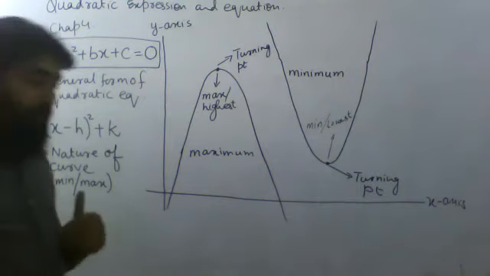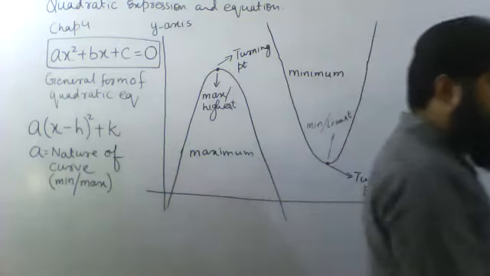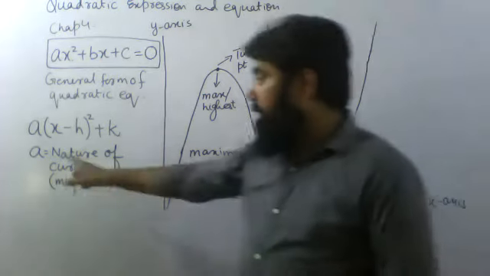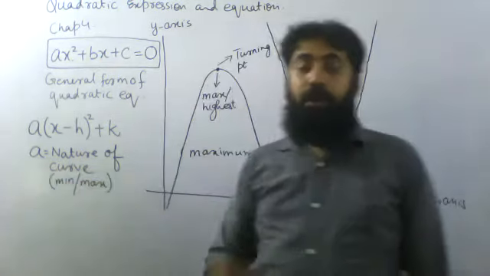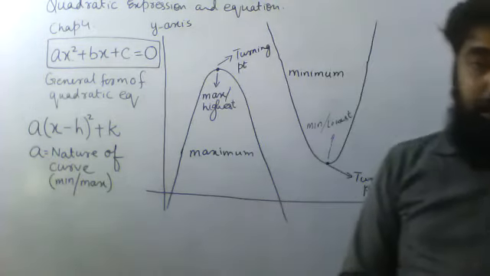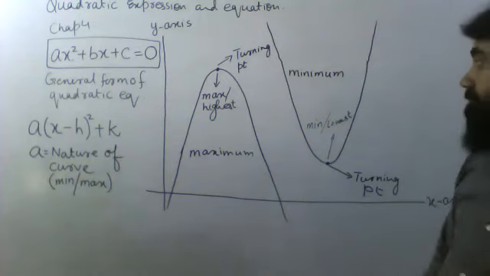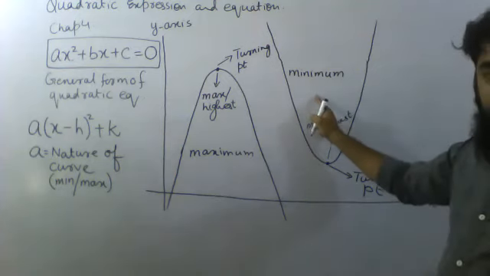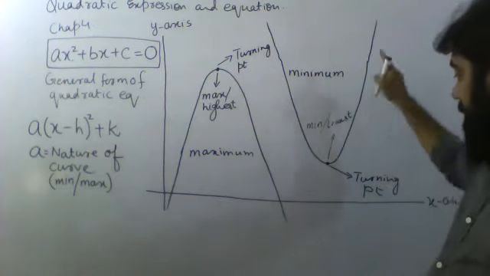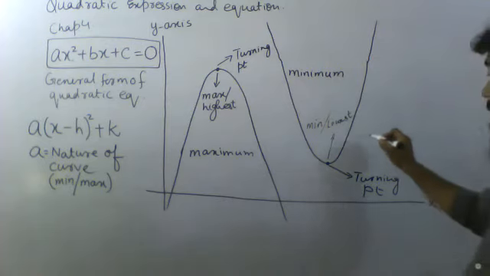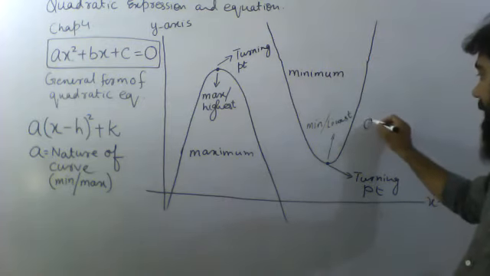Now, how are you going to determine whether it is a minimum curve or a maximum curve? I have told you that the value of a will tell you whether you are going to have a maximum curve or a minimum curve. If the turning point of the curve is minimum, the value of a will be greater than 0.